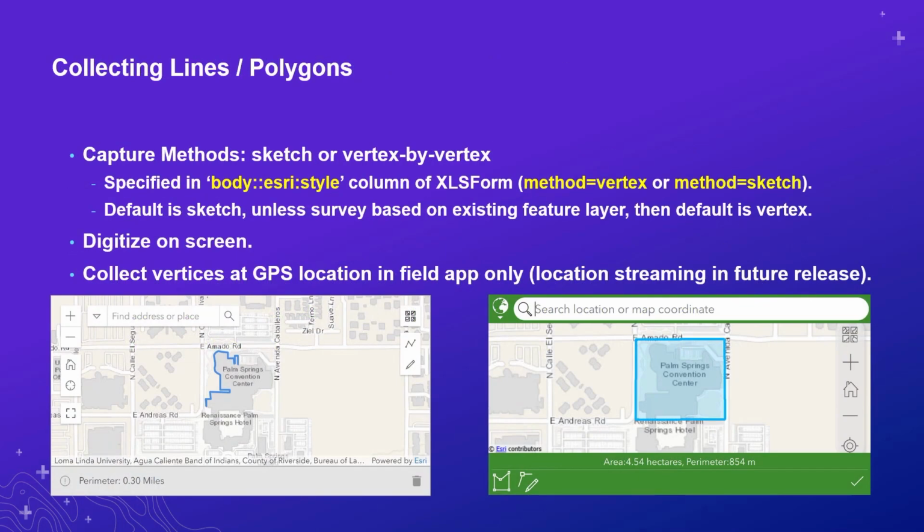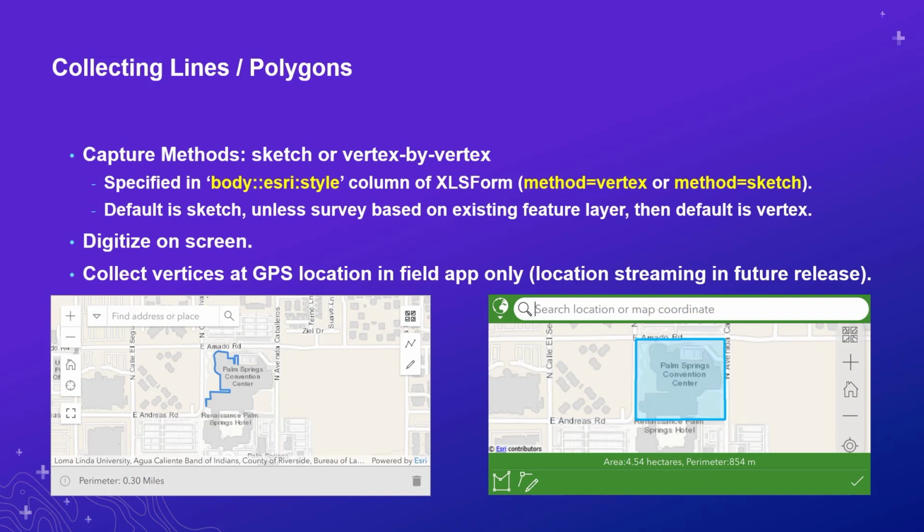When creating your survey in Survey123 Connect, you can specify which capture method you'd like your field workers to use. The two options here are sketch and vertex, which I'll explain in more detail in just a moment. The capture method can be specified in the body Esri style column of the XLSForm using method equal sketch or method equal vertex syntax.